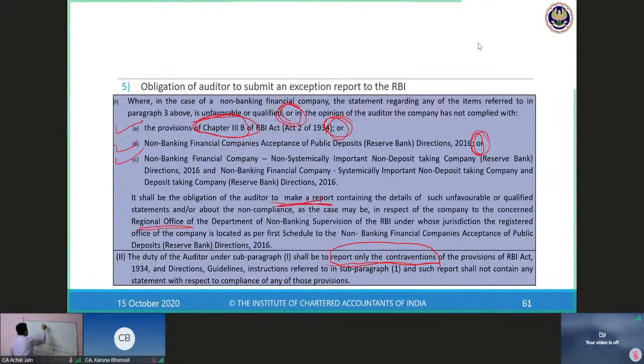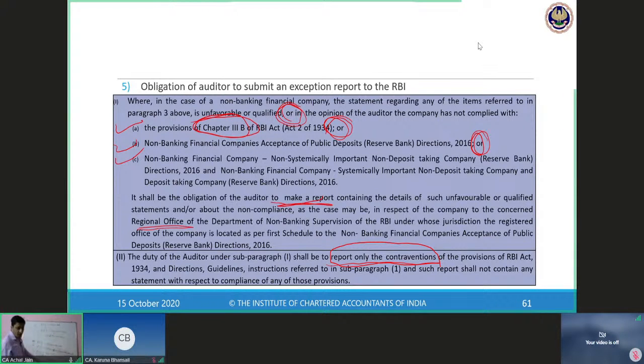Auditor will report to board of directors, give unfavorable statement, plus will report to RBI and will give non-compliances plus other compliances. List of other compliances.